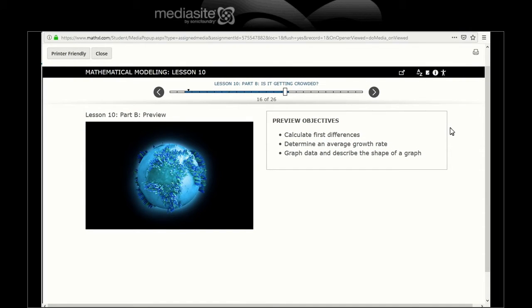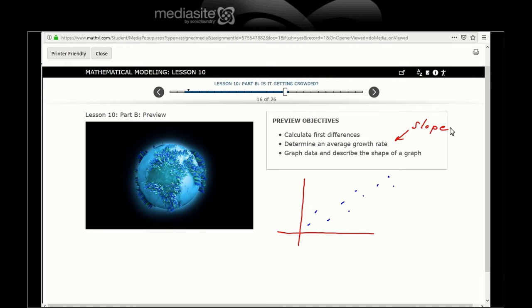So let's see, preview: calculate first differences, determine an average growth rate. Okay. Here's a secret for you, basically slope. And graph data and describe the shape of a graph. Average growth rate is basically what's meant by: we have some data, and it's not a perfect straight line.